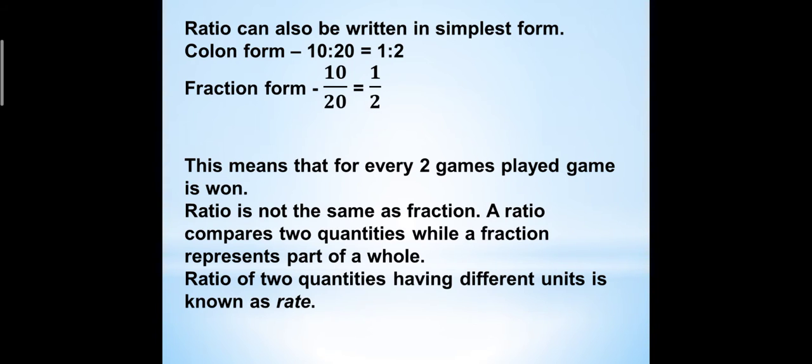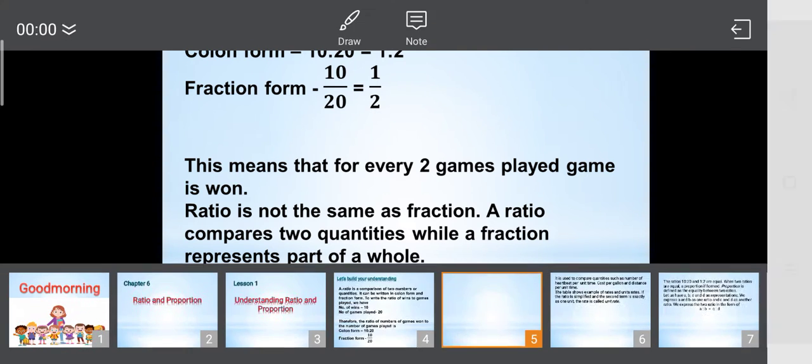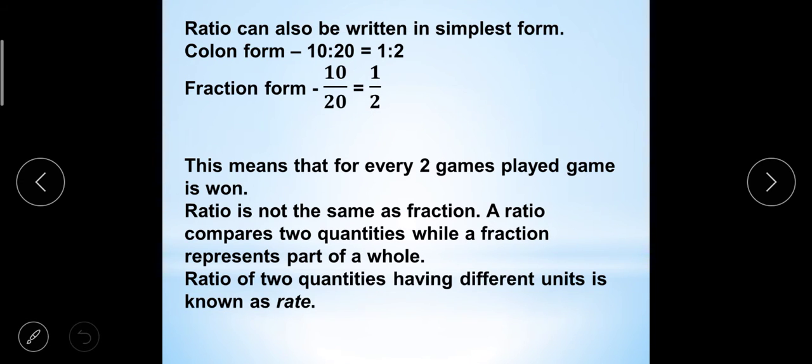So 10 divided by 10, that will give us 1. 20 divided by 10, that will give us 2. So that makes the ratio 10 is to 20, 1 is to 2. Okay? So 10 is to 20 and 1 is to 2 is the simplest form.